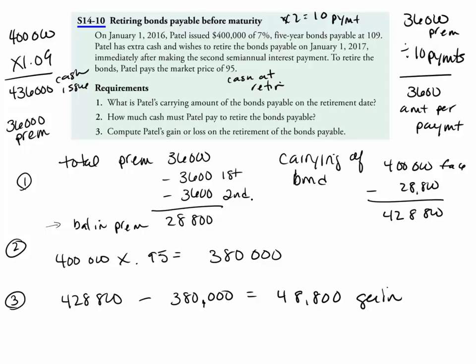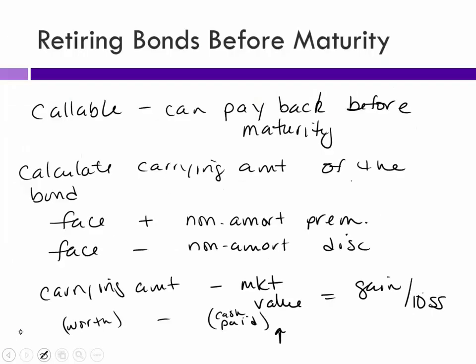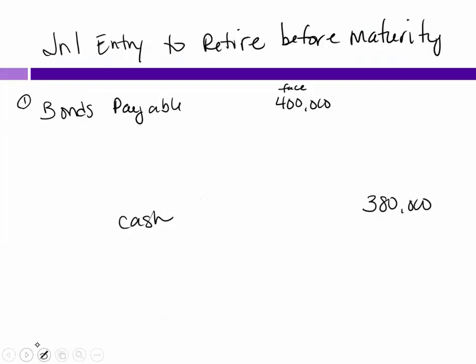So I'm going to debit that for the full balance that's remaining in there, 28.8. So 28.8, I'm going to debit premiums on bonds payable, because you would have already had to figure out how much is left in there to figure out the carrying amount. Okay, so I fill that in.